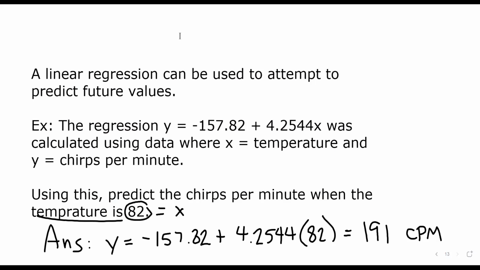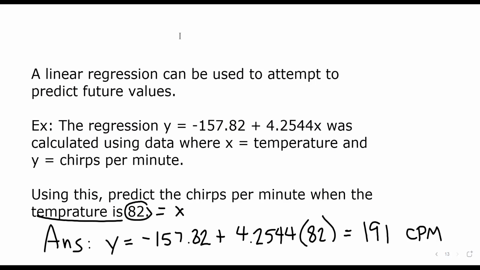In this example, we use the temperature to predict chirps per minute. So what would it mean? How would you work that backwards? Use the chirps per minute to find temperature.